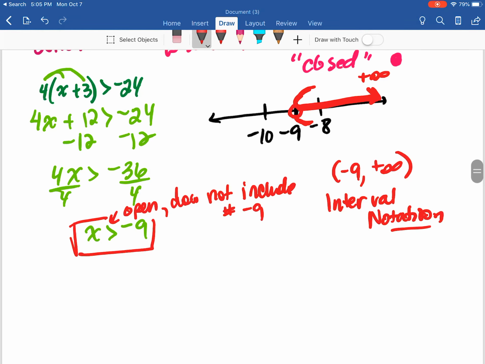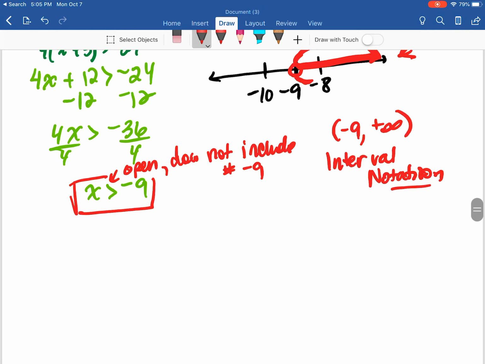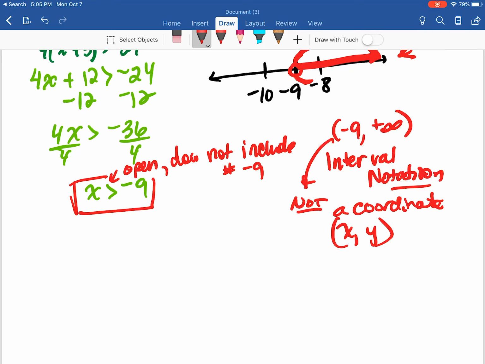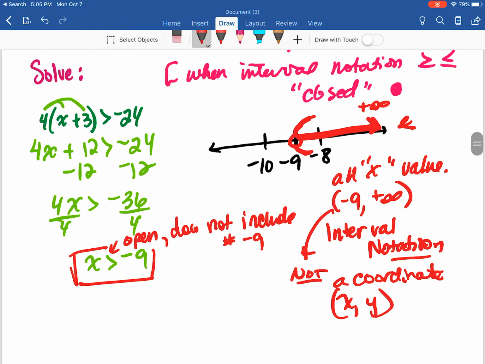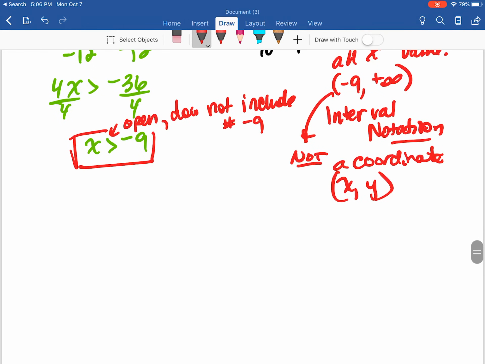And if I talk about graphing, this is what we'd be looking for, okay? Don't confuse interval notation with a coordinate point. A coordinate point has an x and a y value. This is all x values that will make this inequality true, okay?